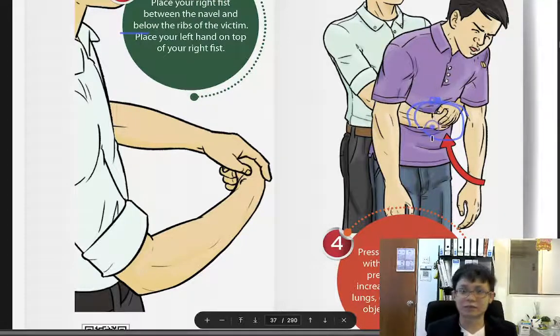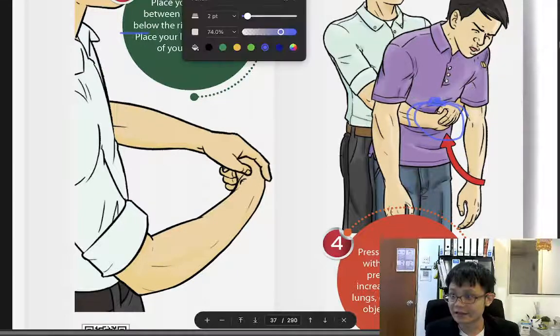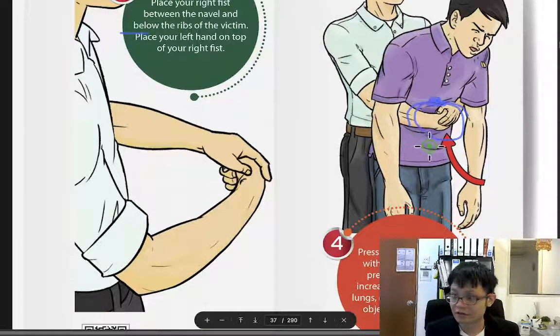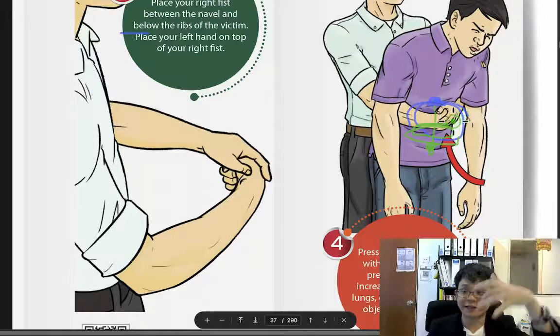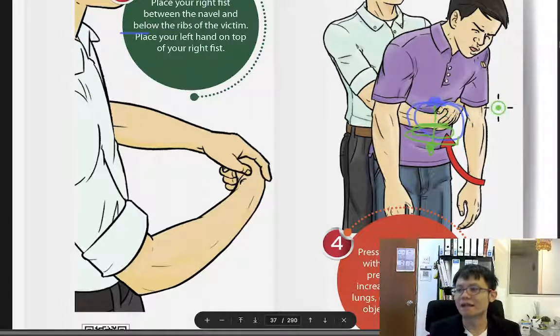You can touch the hard thing, the sternum, and then there is a soft part, the small hole in the stomach here. So you put your hand around here, using your hand divided by two, half part. You don't go so high up. Usually people don't know, so this part will be wrong. The bottom part will be the correct part, around here.